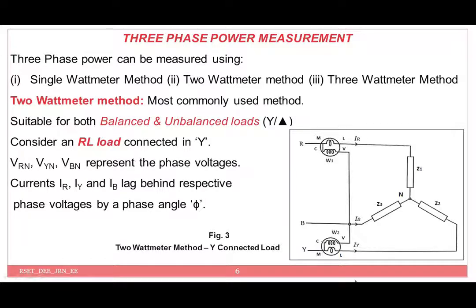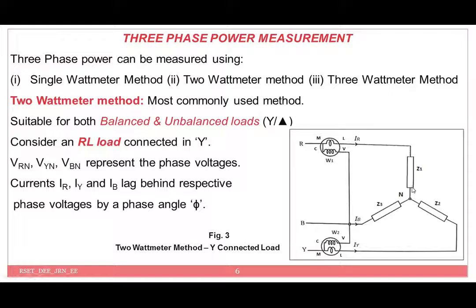Now IR, IY and IB represent the current flowing through each load. IR represents the current flowing through the first load, IY the current flowing through the second load, and IB the current flowing through the third load. Now in a star connected system, you know the line current is the same as the phase current.